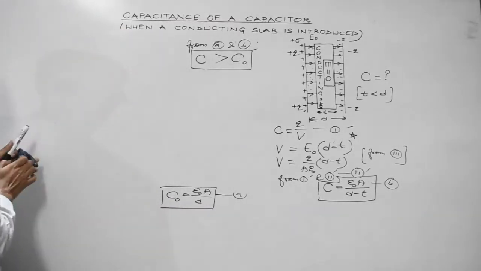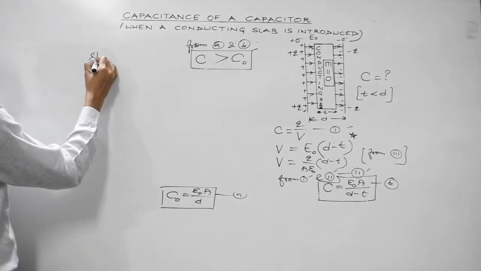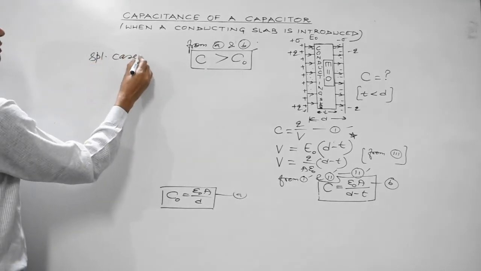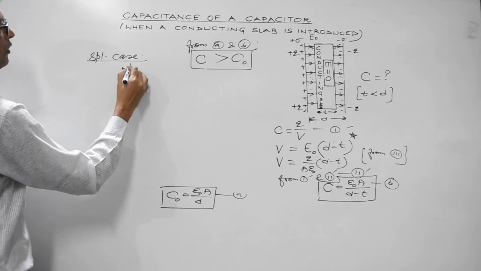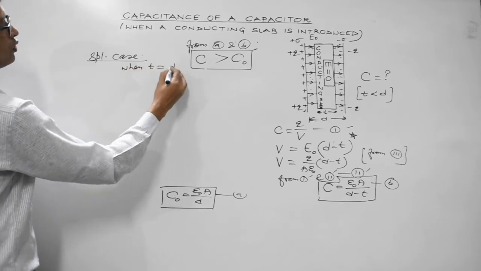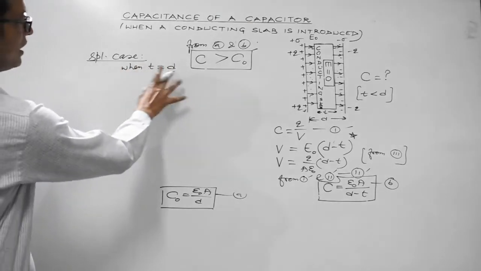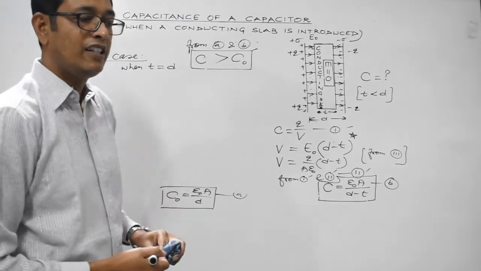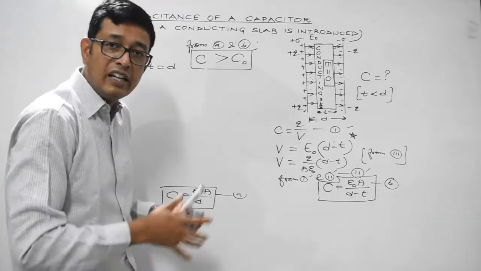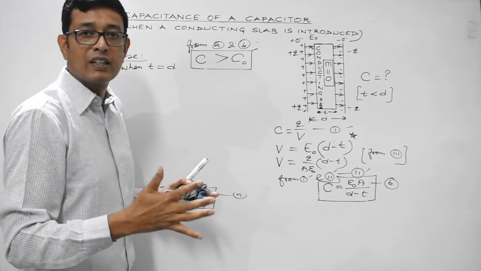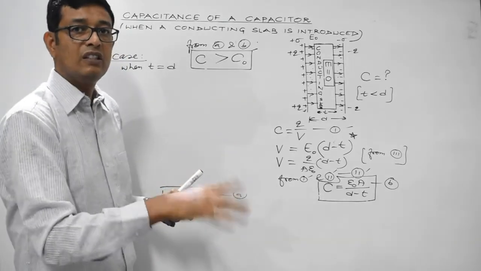Suppose, let us consider this special case. When T equals D, let us interpret it theoretically. When T equals D means when the entire space between the plates of the capacitor is filled with the conducting slab.